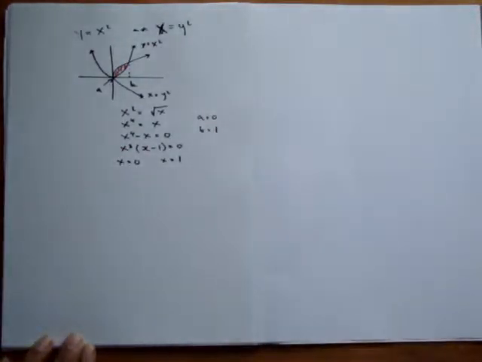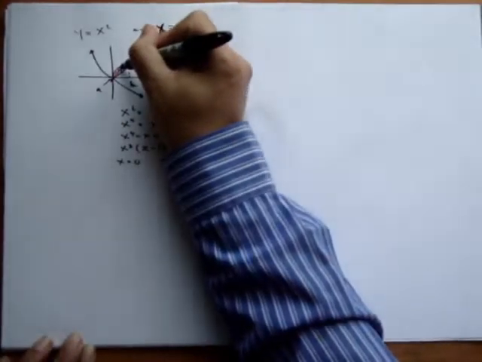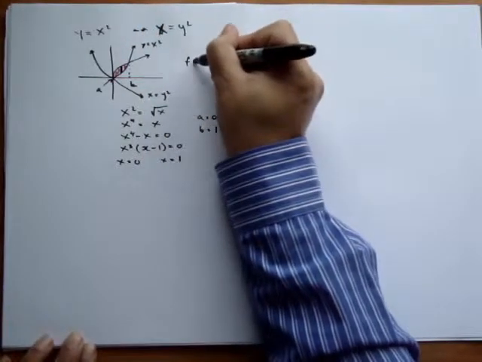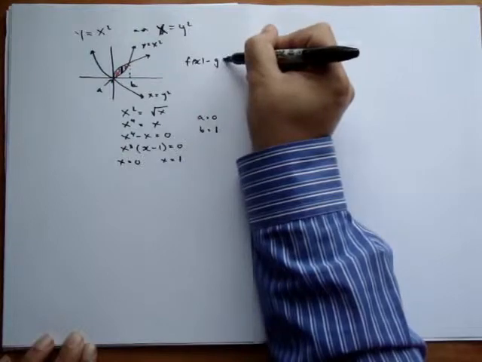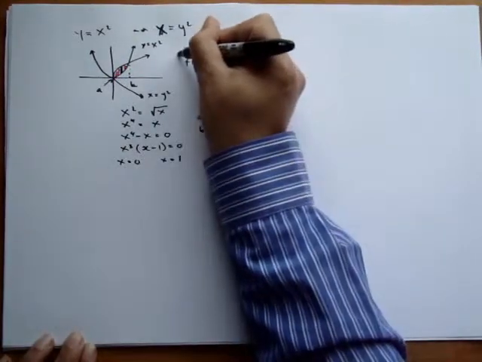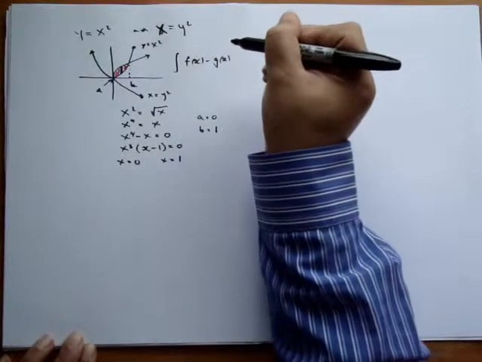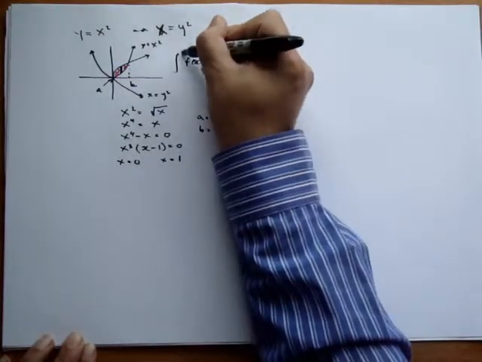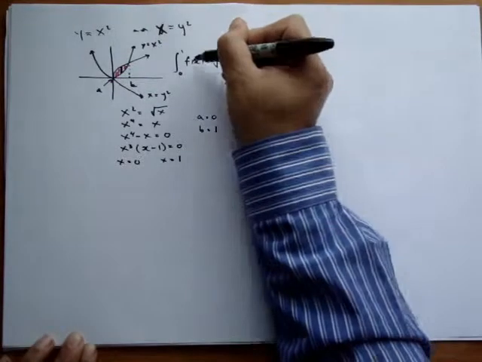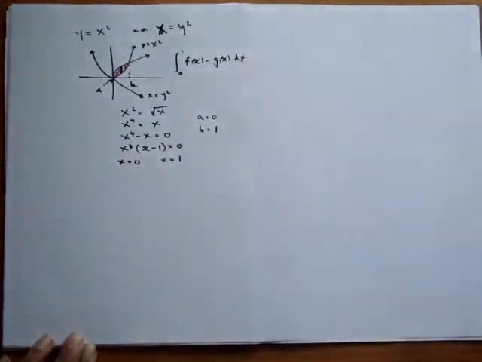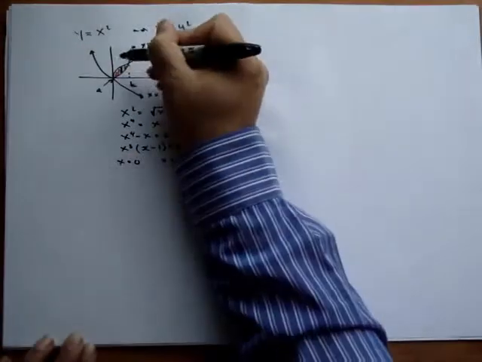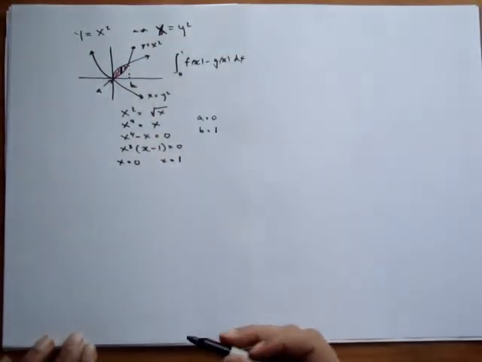Now we need to determine which is our top, which is our f of x, because we're going to do f of x minus g of x between 0 and 1. So our b we said was 1 and our a was 0, and that's going to be dx. So if we choose, say, 0.5 and then put that into our strip and work out the top one.